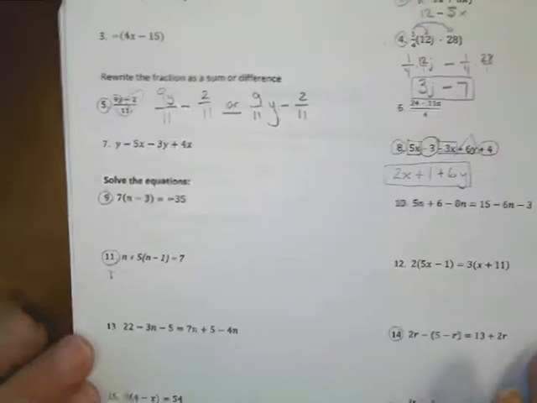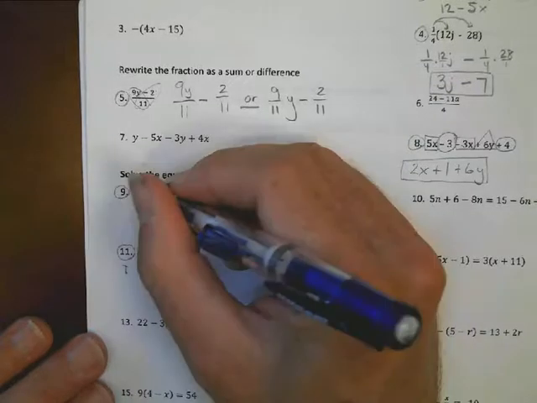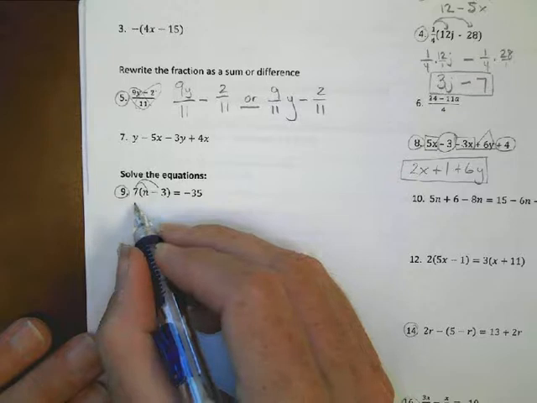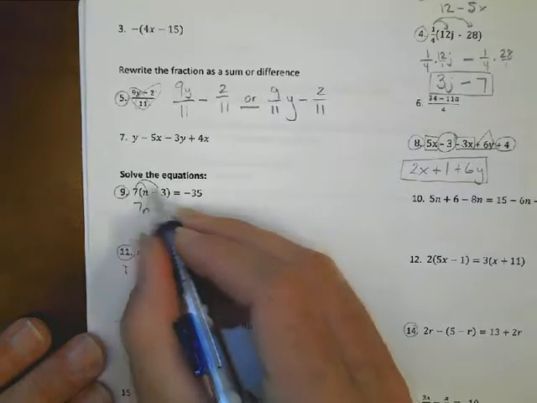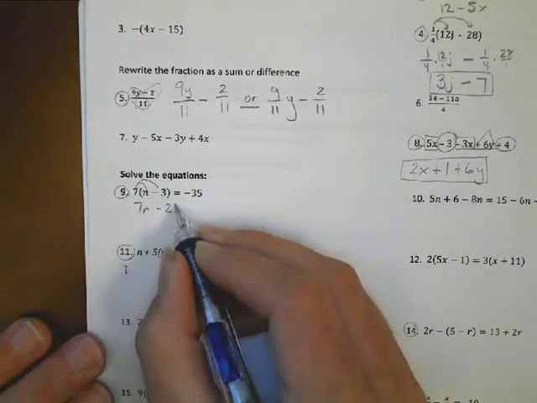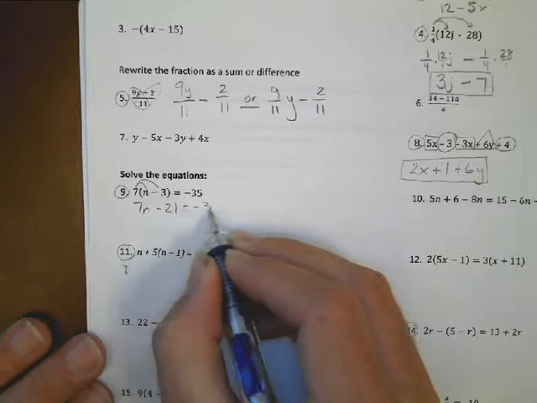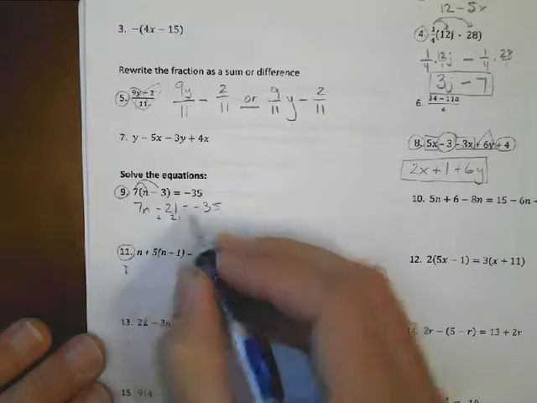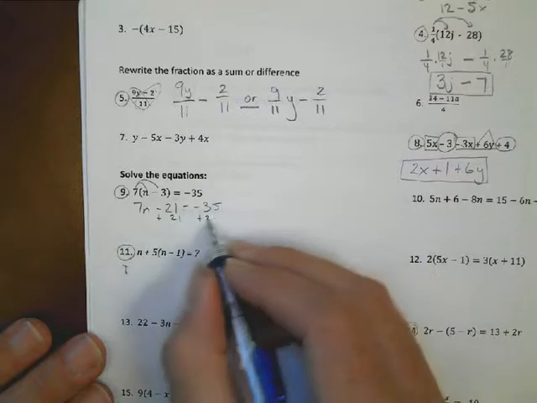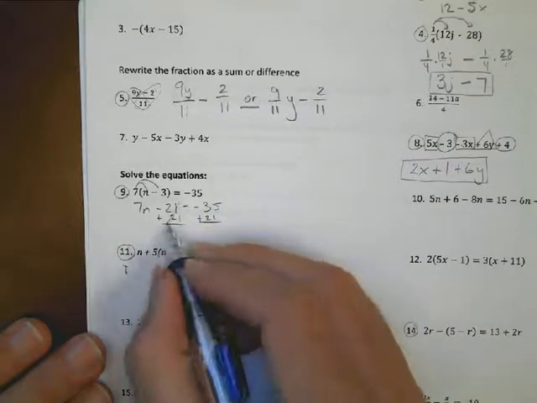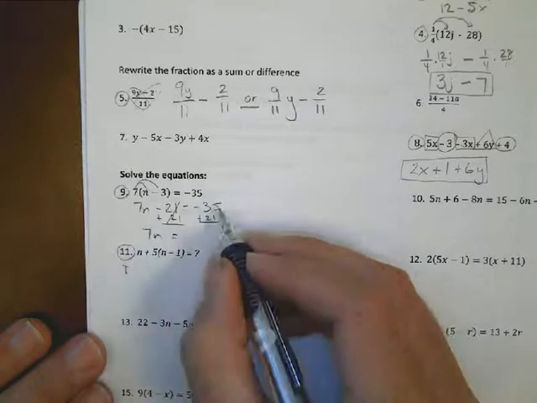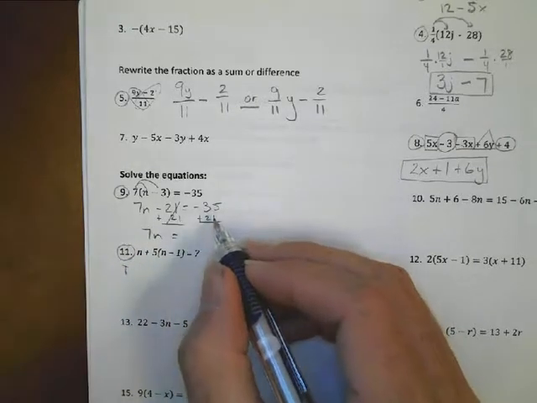On number 9, on this one over here, we're going to distribute first the 7, and then we're going to solve. So 7 times n is 7n. 7 times negative 3 is negative 21, and that equals negative 35. I will then add 21 to both sides here, and that goes away, and I'm left with 7n equals, well, I have negative 35 and 21.